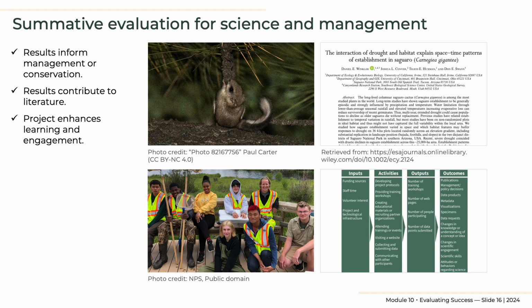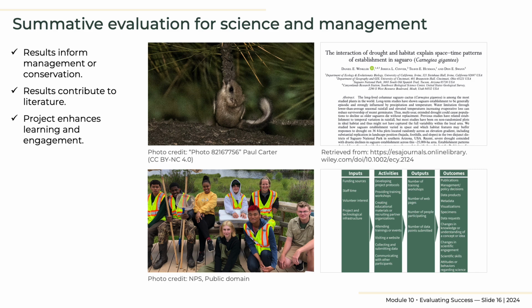In the context of agency-involved citizen science projects as we've described them, summative evaluation asks the questions: are the results of a project informing management or conservation? Are the results of a project contributing to the scientific literature, either formally or informally? Is a project contributing to participant learning and engagement if this is a desired outcome?